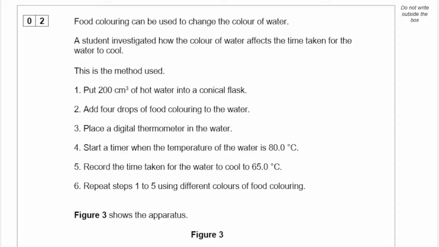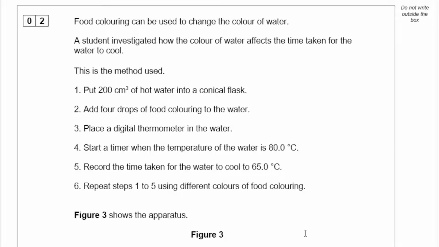Add 4 drops of food coloring to the water. Place a digital thermometer in the water. Start a timer when the temperature of the water is 80 degrees. Record the time taken for the water to cool to 65 degrees Celsius. Repeat steps 1 to 5 using different colors of food coloring.